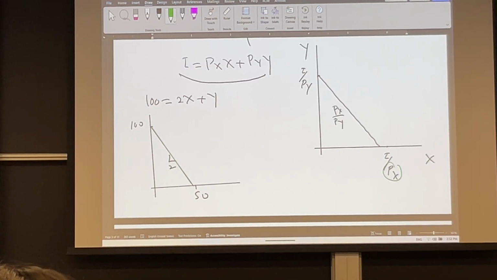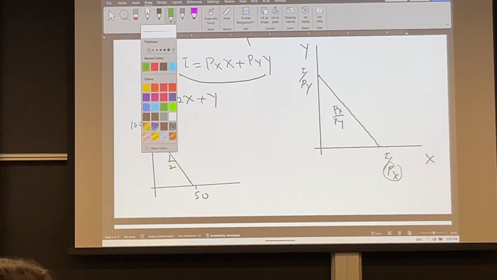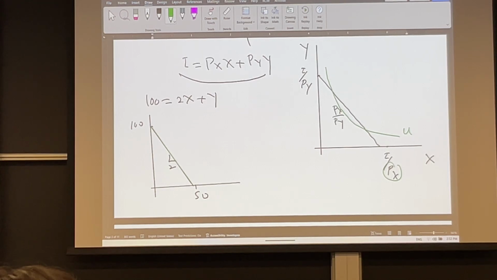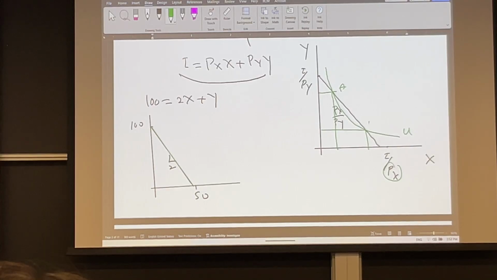Suppose they went out all the way to this level of satisfaction. They chose this utility level. Make sense? Given that satisfaction level, they can satisfy the budget line at these two points, at point A and at point B.